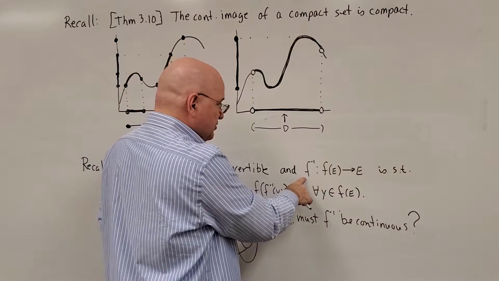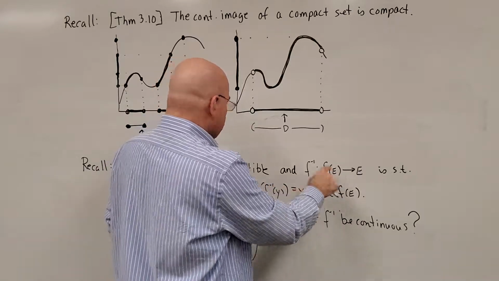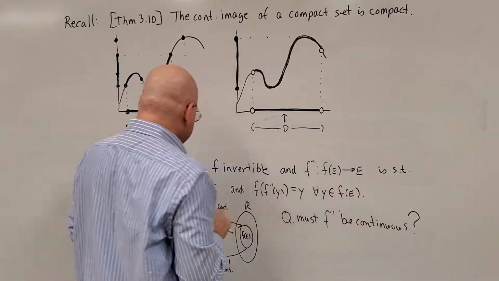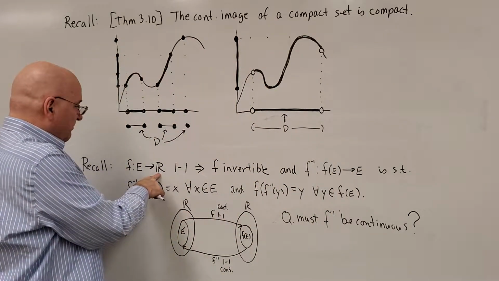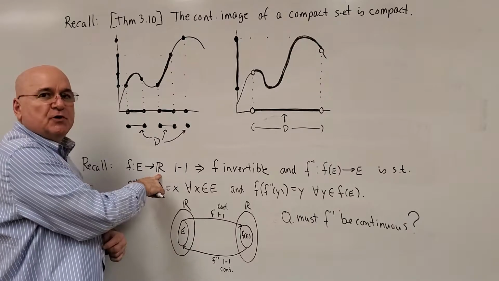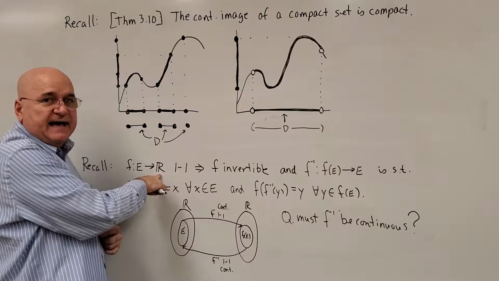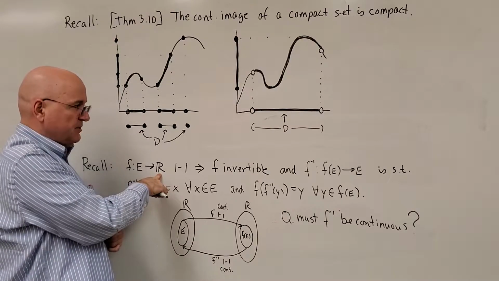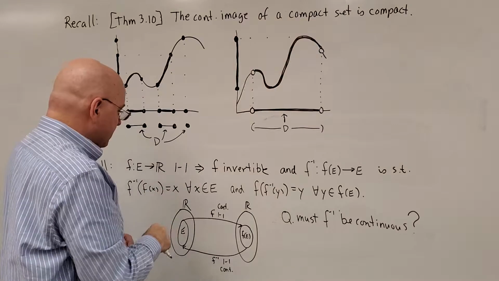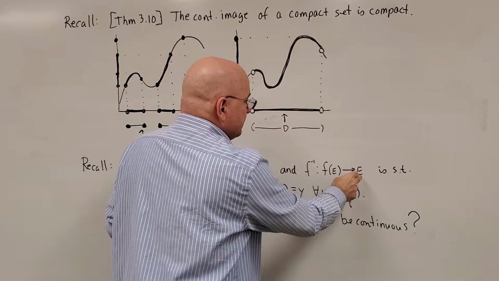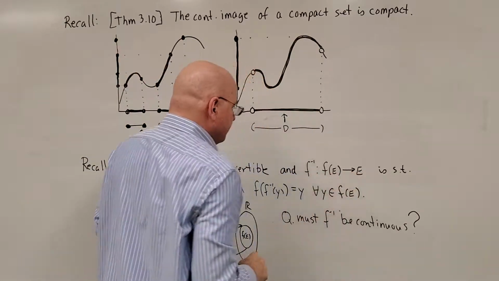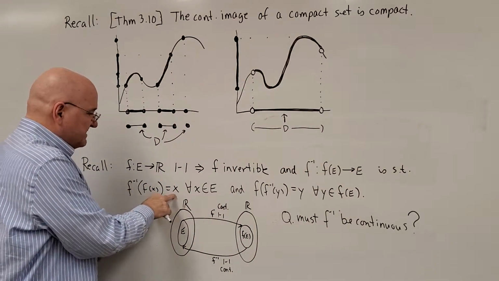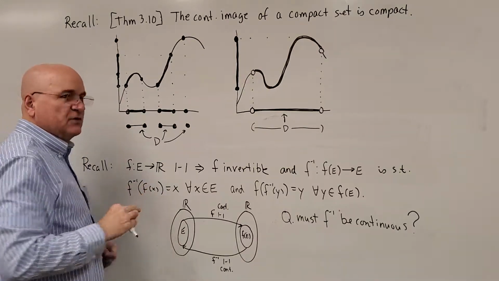And notice the inverse function doesn't go from E into f of E, it goes from f of E back into E. And this codomain R could have been replaced with just f of E, because that's the actual image or range of the function. So the inverse function goes from f of E back to E, the opposite direction. And that inverse function is such that, by definition, f inverse of f of x gives you x.